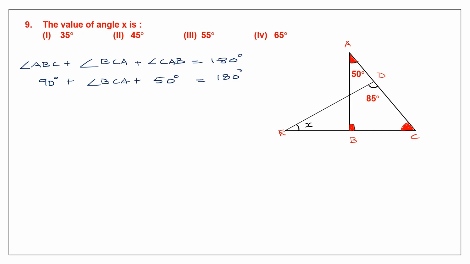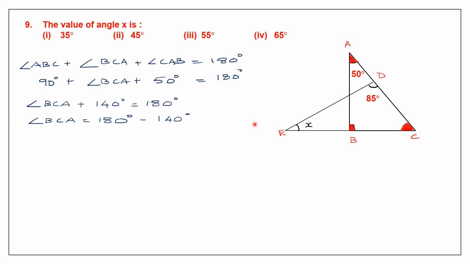Angle BCA plus 90 plus 50 is 140 degrees is equal to 180 degrees. Now we can find the value of angle BCA, that is equal to 180 degrees minus 140 degrees. Now how did we get this?